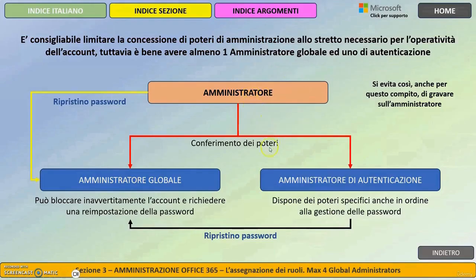It is good to have at least one of each, because, for example, if the global administrator inadvertently blocks the account and requires a password reset, that is an activity that the authentication administrator can also perform, by virtue of the powers conferred upon them, without all the work falling on the general account administrator.